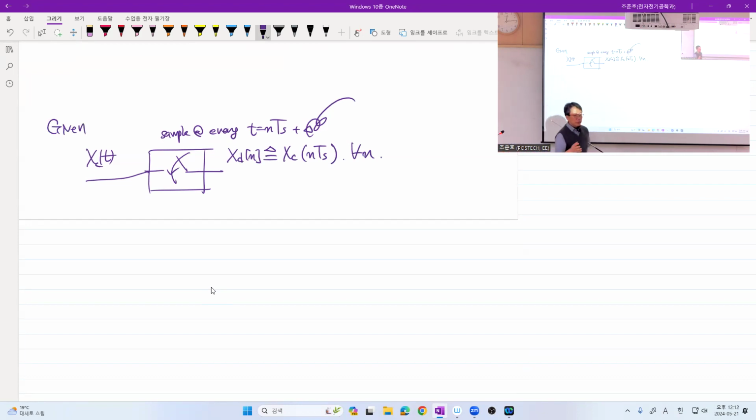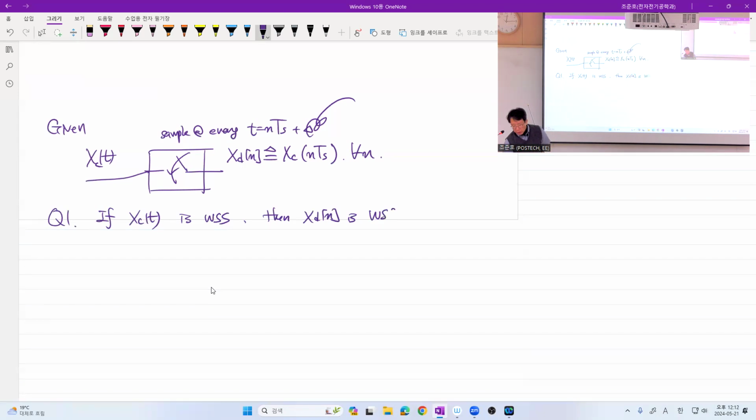Now, given this situation, a very special case, okay? Not every discrete time random process is the sampled version of a continuous time random process. Be careful, okay? Some random processes are inherently discrete time, such as stock market processes. Anyway, in this case of a uniformly sampled version of a continuous time random process, the question is like this. If the continuous time process is wide-sense stationary, is the discrete time process wide-sense stationary?